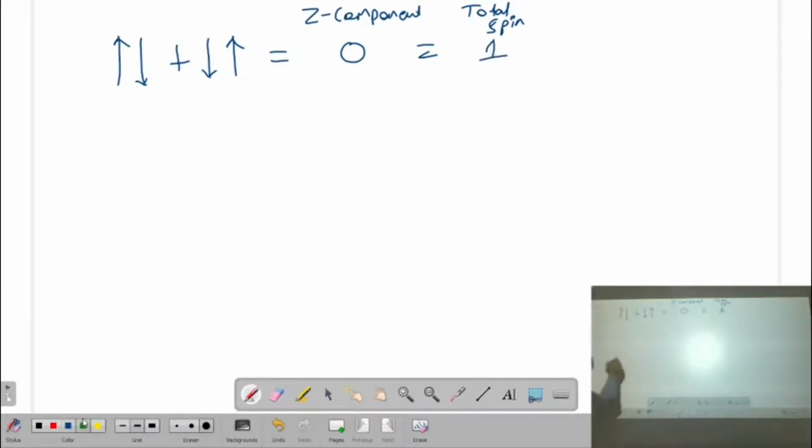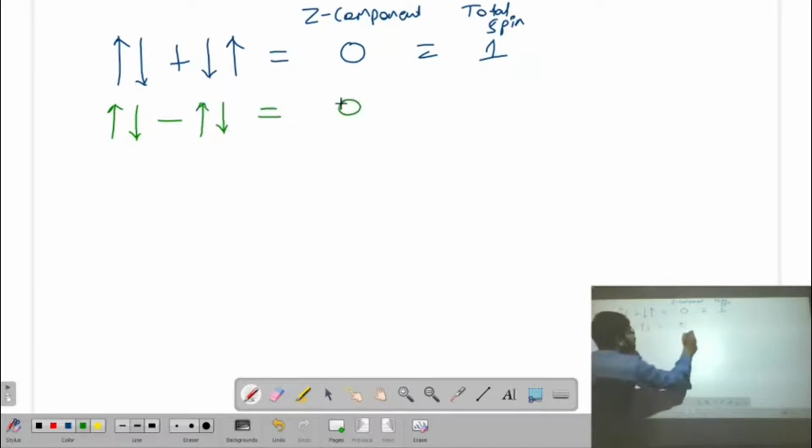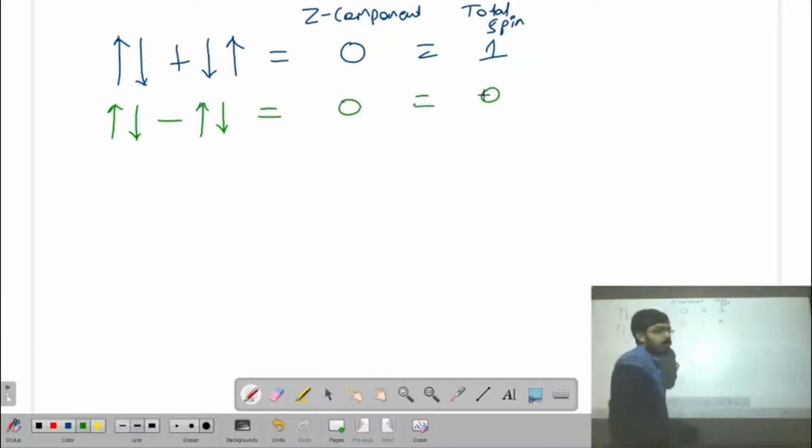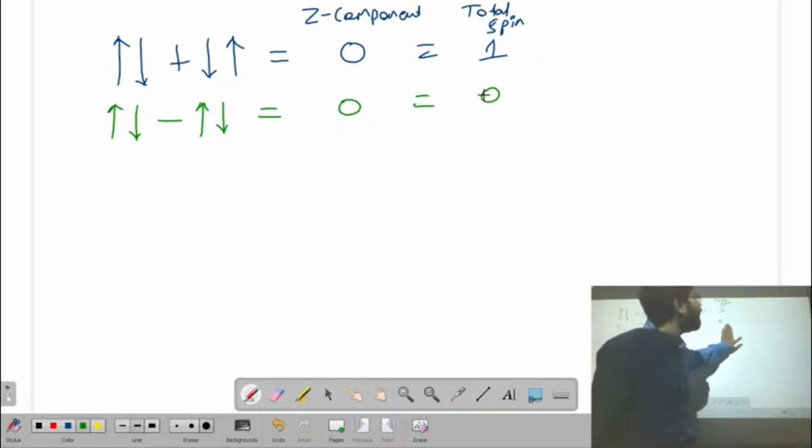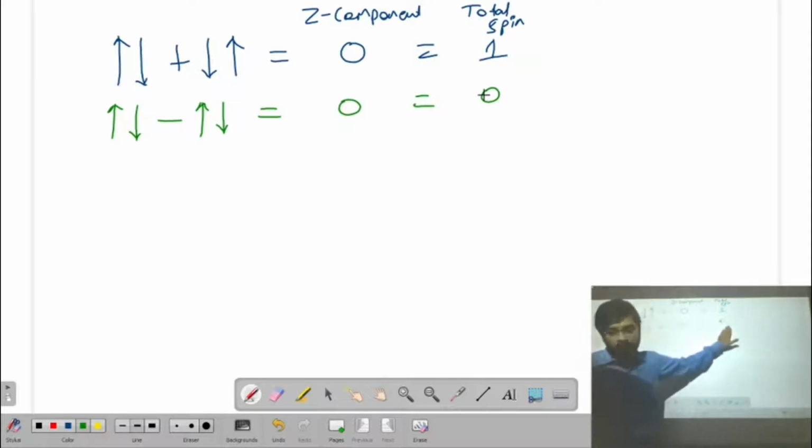In the other case, the z component will be 0 and the total spin will also be 0. So from where do this z component value and total spin value come from?